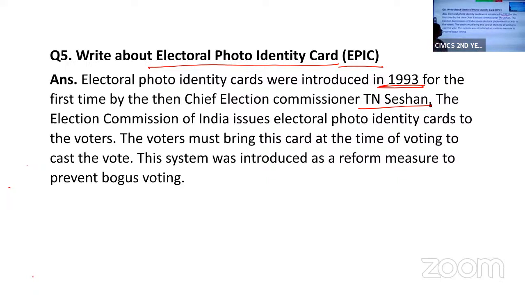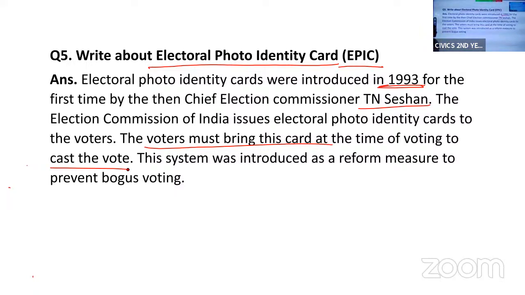These cards were issued to all the eligible voters, and voters should bring this card with them at the time of voting, at the time of casting their vote. They should carry this voter identity card.